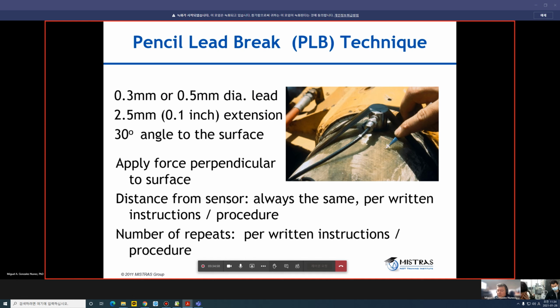Okay, let's say for our test we already put 6 sensors on the specimen, and then the next step will be pencil lead break test, right? Before our main test. Yes. So first of all, do we have to carry out pencil lead break test for every single test?